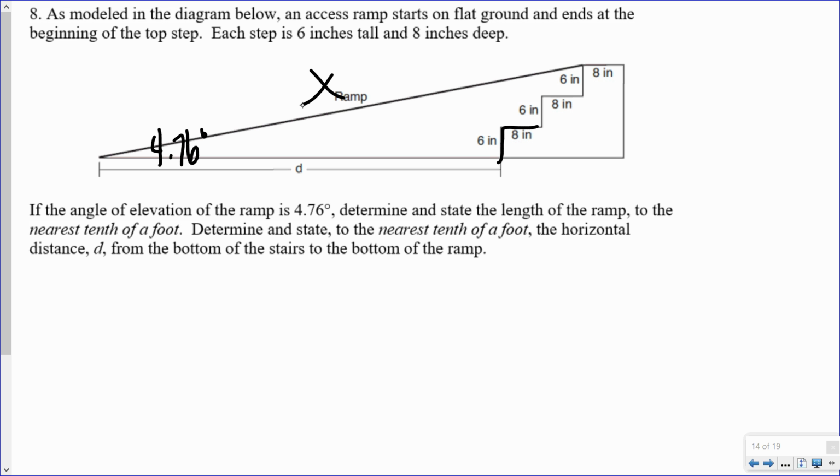Well, I'm looking at this side. If this is 6, this is 6, and this is 6, so think of it this way. This is 6, this is 6, this is 6, so this whole side is 18.